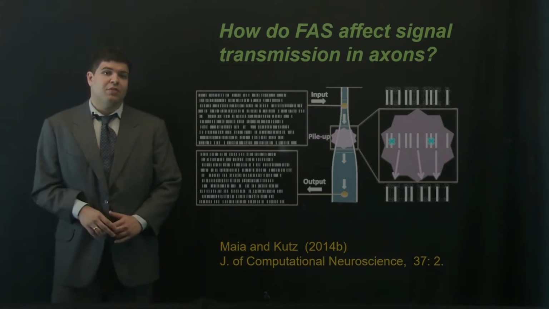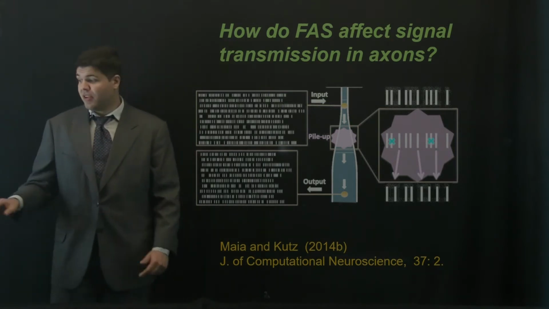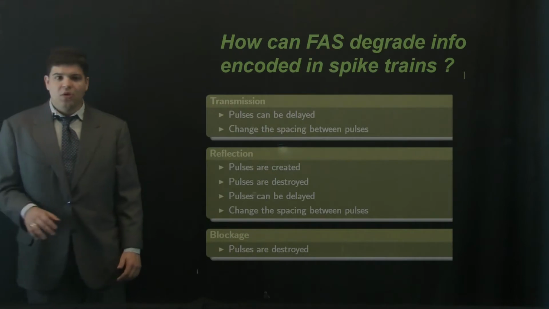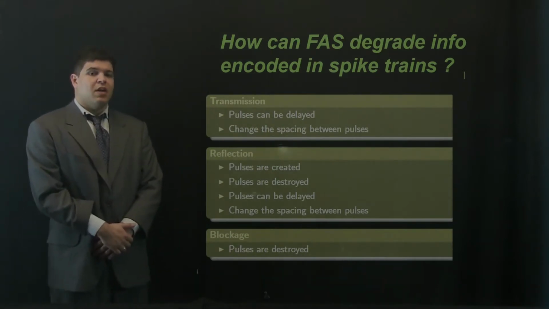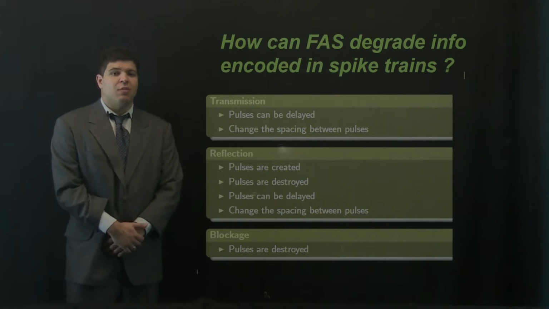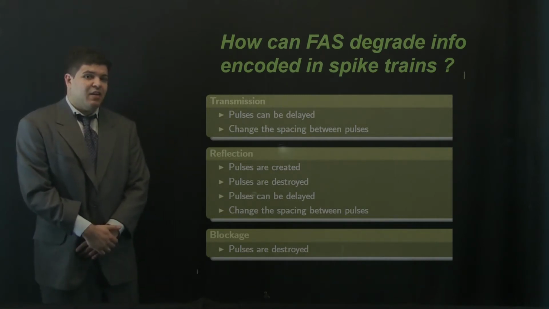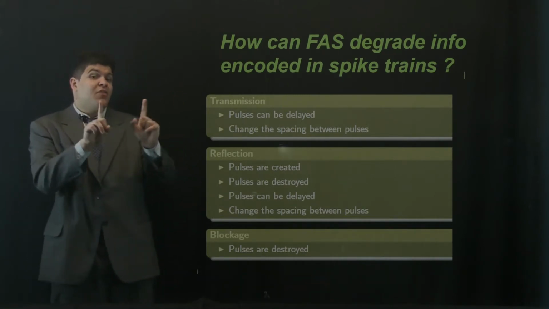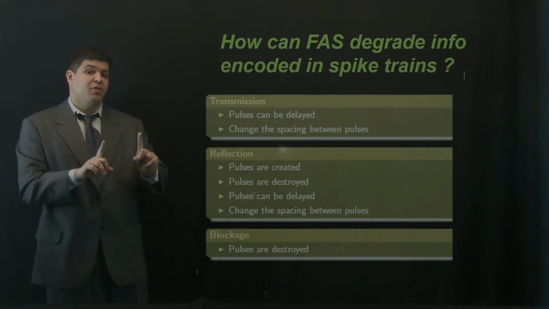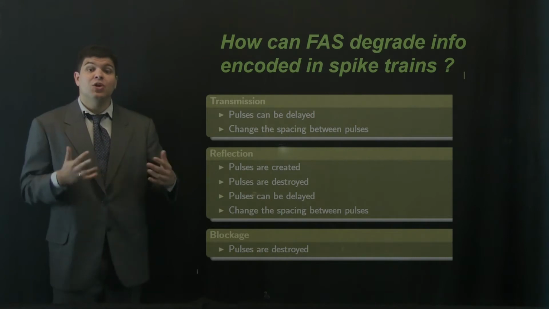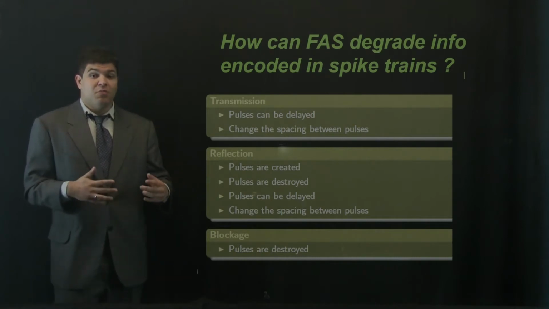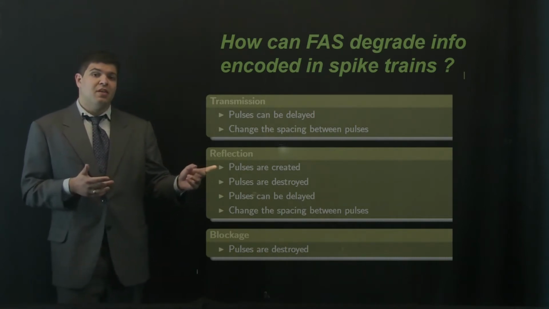how do focal axonal swellings affect signal transmission in axons? So here's a little summary of things that can happen. In a transmission regime, pulses can be delayed, so you can change the spacing between pulses. In the reflection regimes, we saw that a pulse splits into two. So there's a new pulse that's created, right?